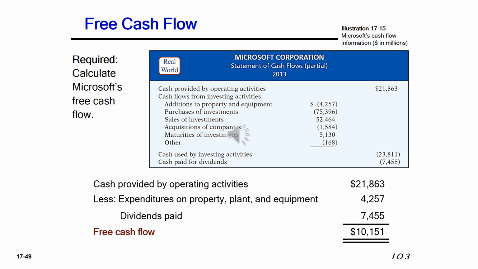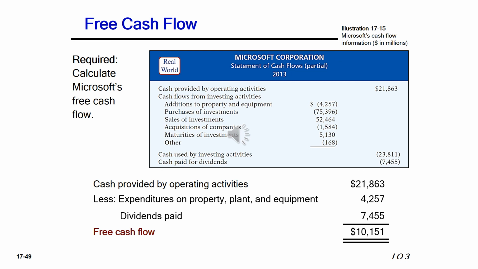So as we mentioned in the formula before, we're going to start with the cash provided by operating activities, which we have here at 21 billion. I think the numbers here are in thousands or in millions. Yeah, it says in millions on the top, as you can see. So 21 billion 863 million. Less expenditure on property, plant, and equipment, which is the capital expenditure that we talked about.